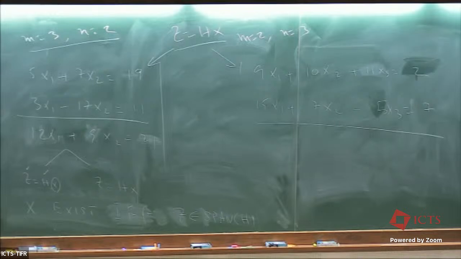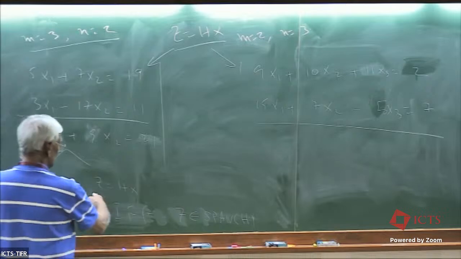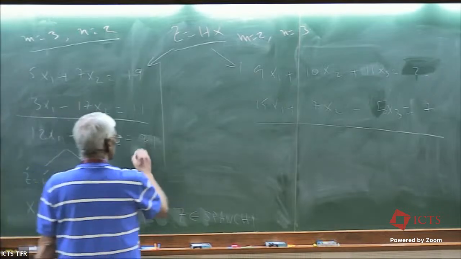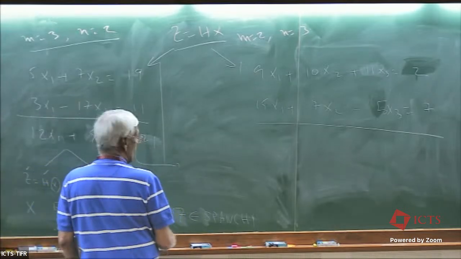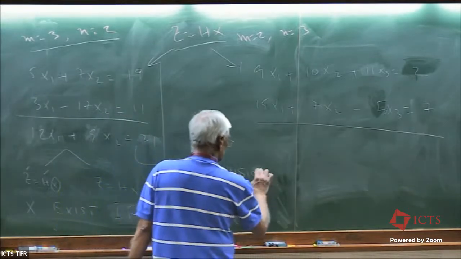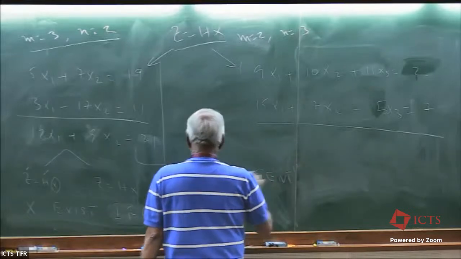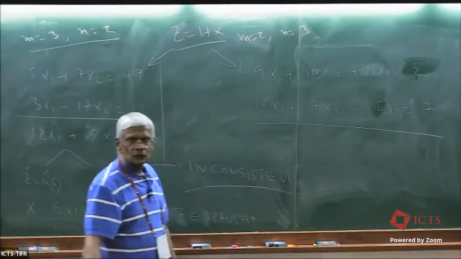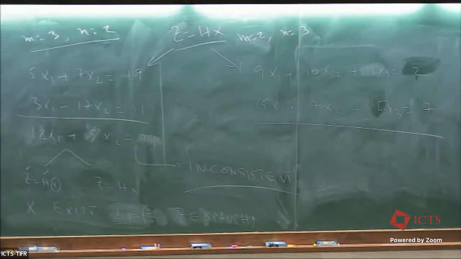There may be a solution when the span condition holds good. But if it does not hold good, then there is no solution. If there is no solution, this system is called an inconsistent system. Inconsistent means what? There exists no x for which all the 3 equations can simultaneously be true. All of you with me?